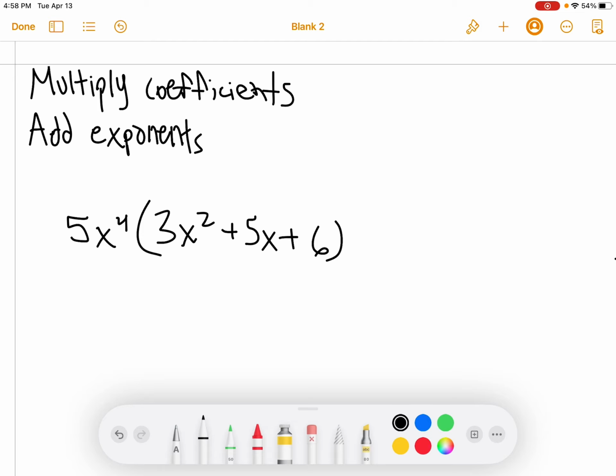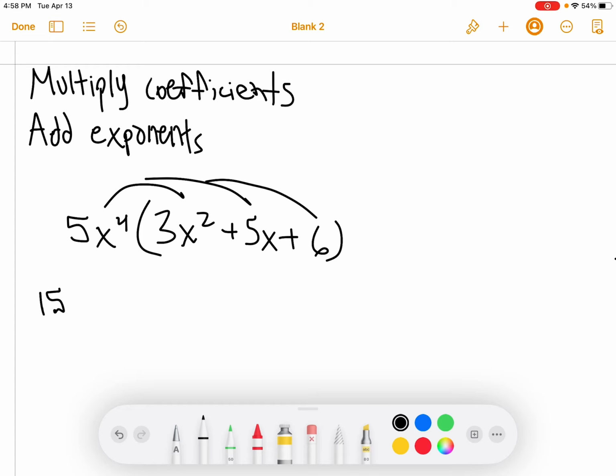Since there's a parenthesis, you always multiply, so we multiply and distribute. You multiply coefficients and add exponents. The coefficients are 5 and 3, so you multiply them and get 15.